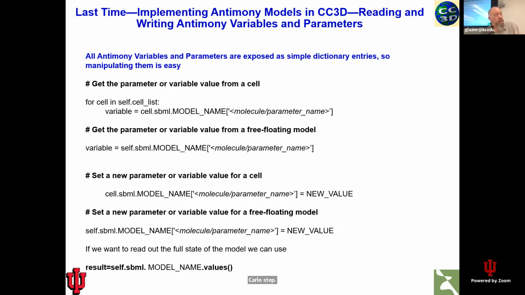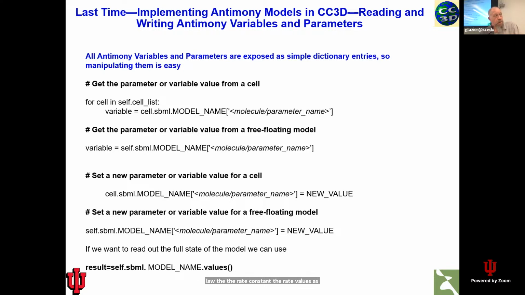And then typically, if we're going to assign or read from the values, again, the reference is cell.sbml, the model name you assigned when you loaded the model, and then the name of the variable in antimony, or the parameter, or if you've named a rate law, the rate constant, the rate values as well.